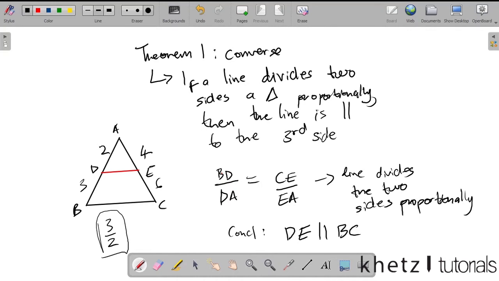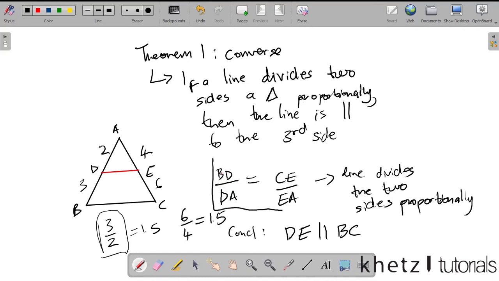Let's look at CE divided by EA. In our case, it's 6 divided by 4, and that amounts to the same ratio of 1.5.